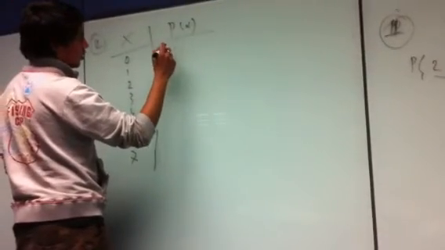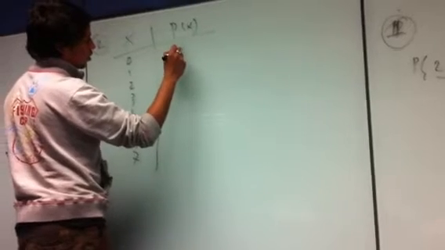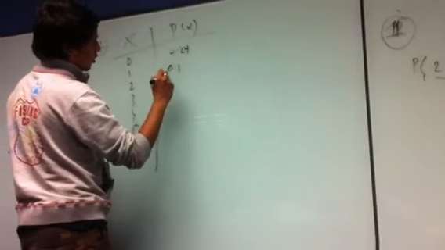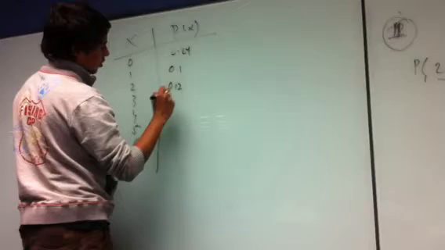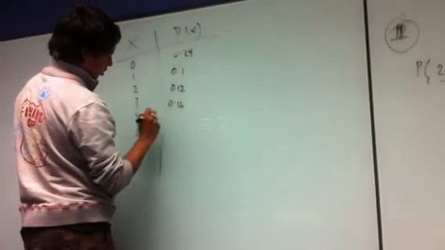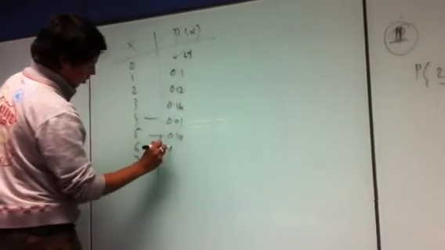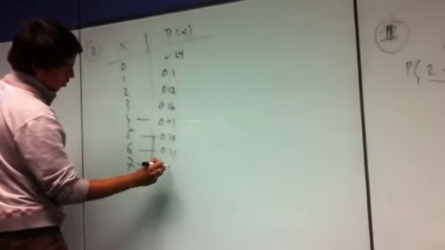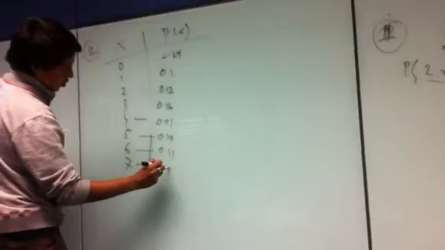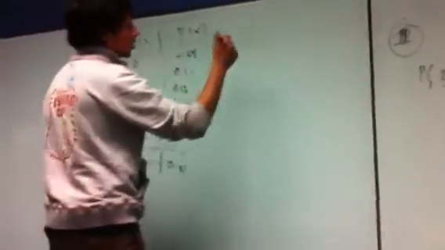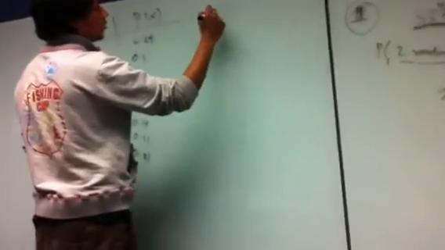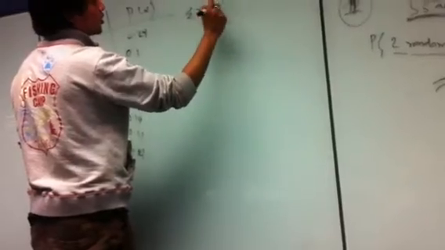My P(X) is 0.24, 0.1, 0.12, 0.16, 0.01, 0.14, 0.11, 0.21. So you have to do the sum of X times P(X).